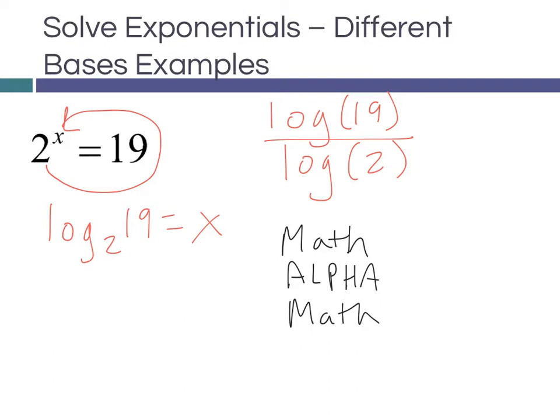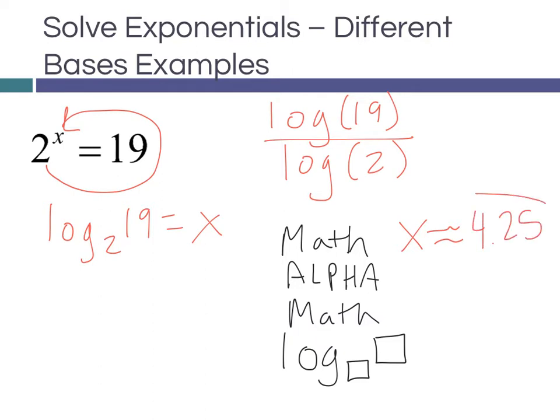That's a shortcut that's going to give you log, then a little box and another box, and you can just write log base 2 of 19 in there. How nice is that? What you're going to end up getting for x is approximately 4.25.